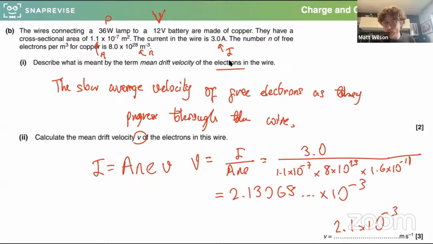Good. Do we use 1.6 or minus 1.6? That is a good question. I used 1.6 here. It doesn't really matter here. After all, they didn't give us a diagram of how this circuit is even set up in space anyway. So saying the velocity is positive or negative doesn't really mean too much for them here, and they're not going to be worried about that in the answer.